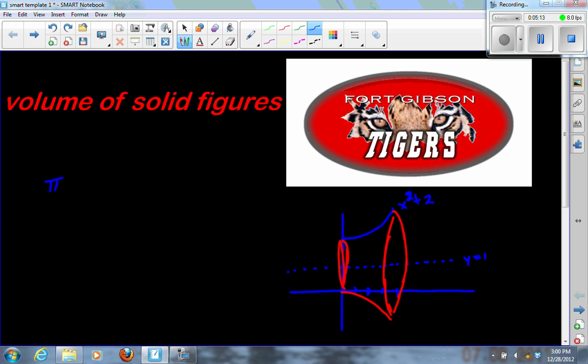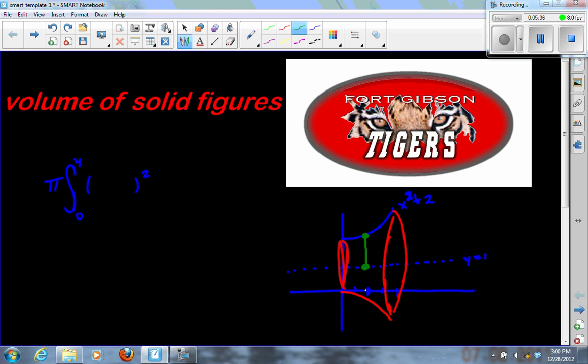You get your pi times your integral from 0 to 4, because we're going from 0, 1, 2, 3, 4 and stopping right here. Now remember, we're going to add up a whole bunch of disks, which is pi r squared. And so the length of the radius, which is from here to the function.